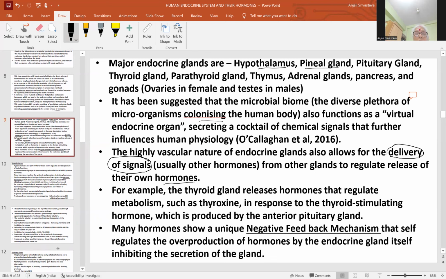This is, for example, thyroid gland releases hormones that regulate metabolism, such as thyroxine is the hormone secreted by the thyroid gland.